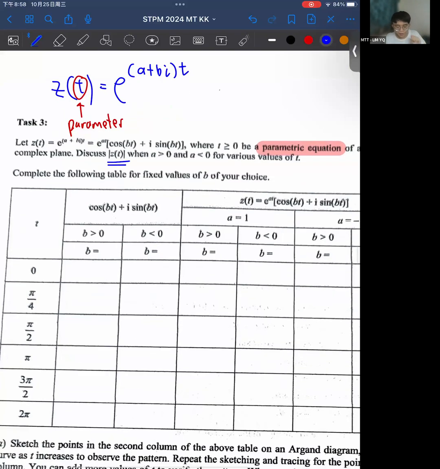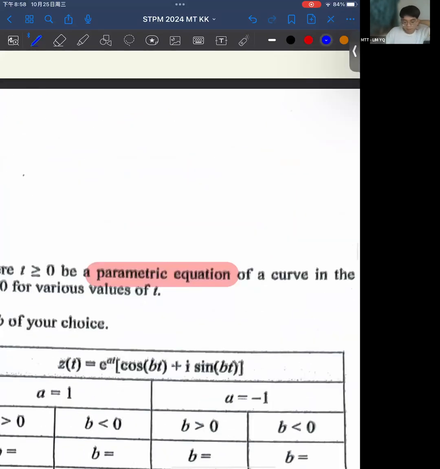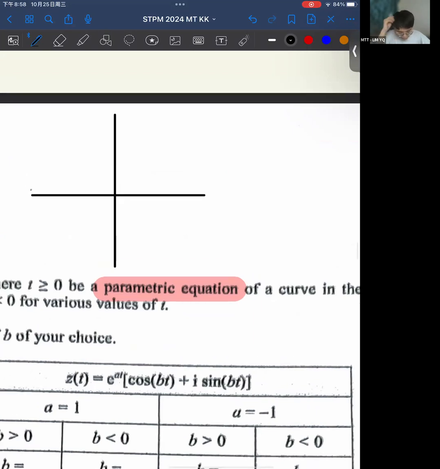Now, I will give you one simple example to demonstrate what it means by parametric equation. You can take note of it. Let's say y equal to t, x equal to negative t, for example.